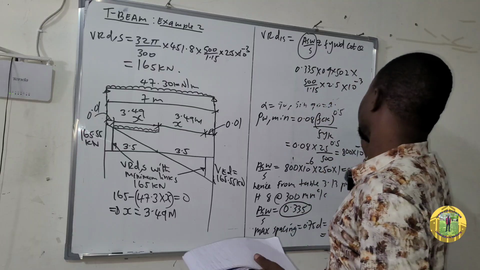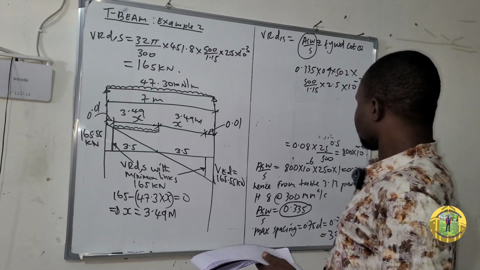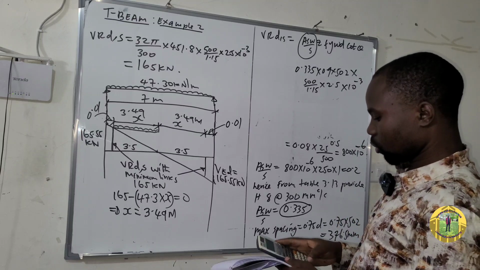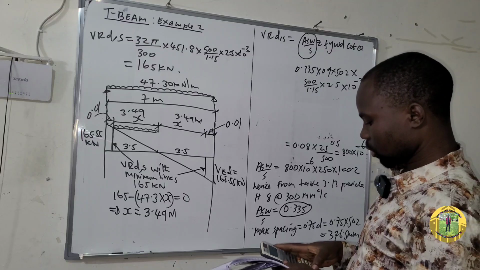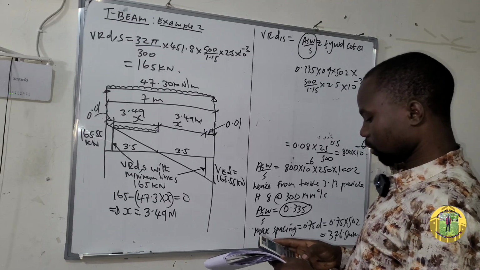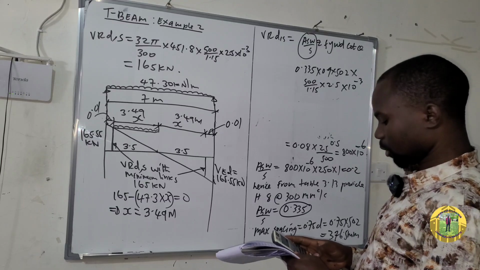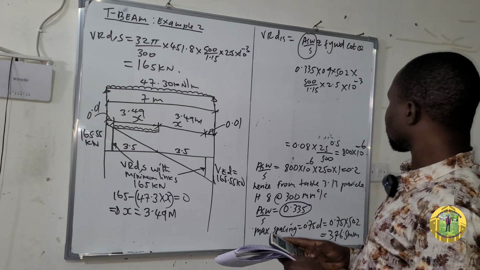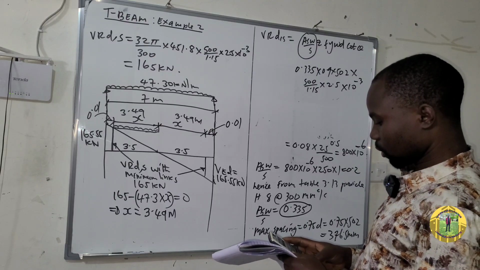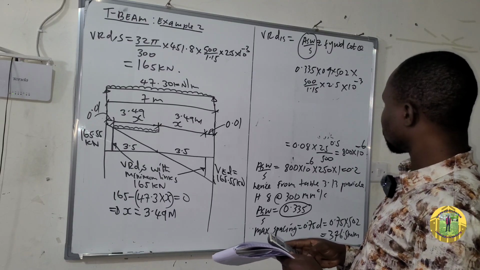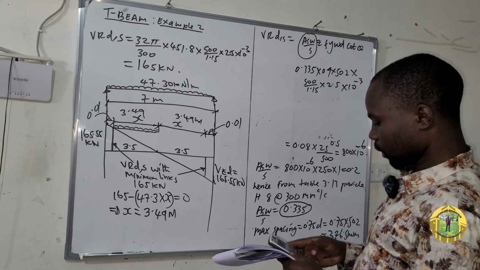So let's check. 0.335 times 0.9 times 502 times 500 all over 1.15, times 2.5 times 10 to the power of negative 3.